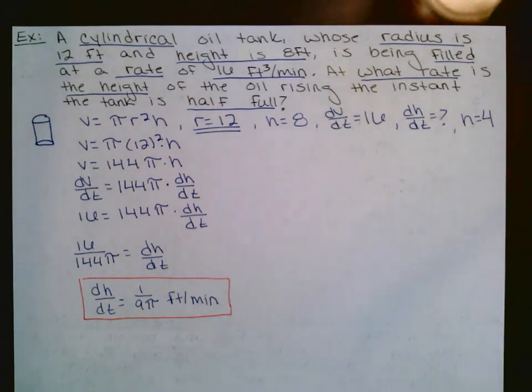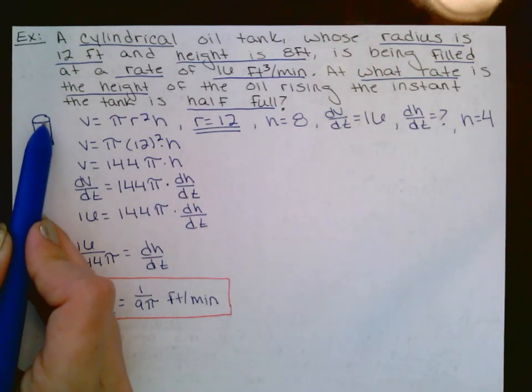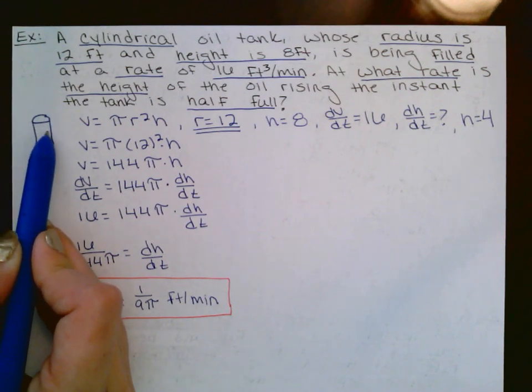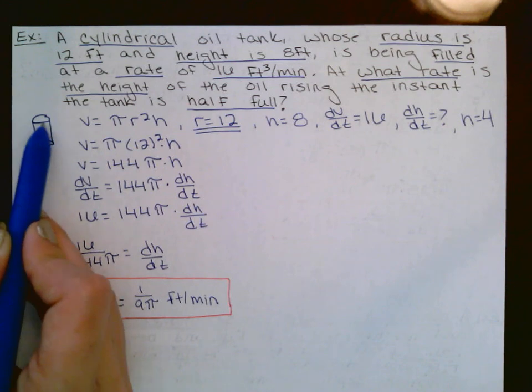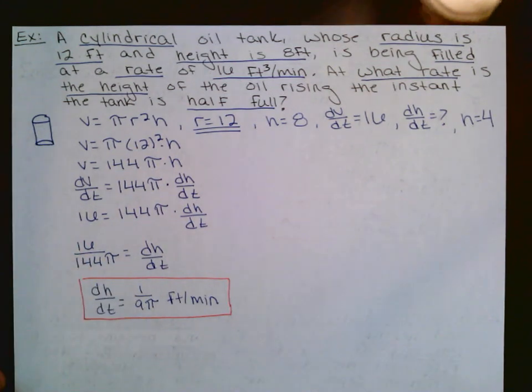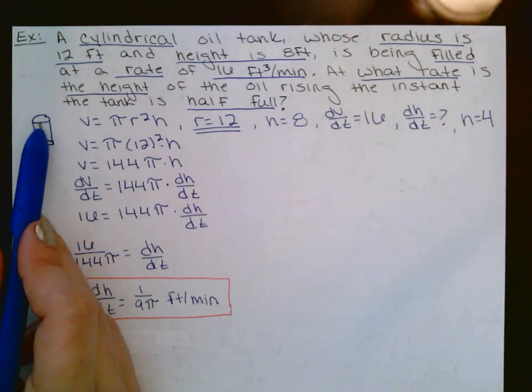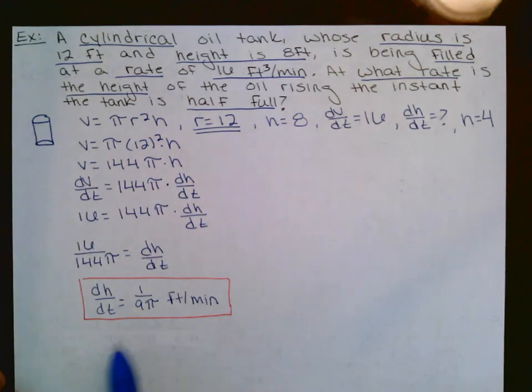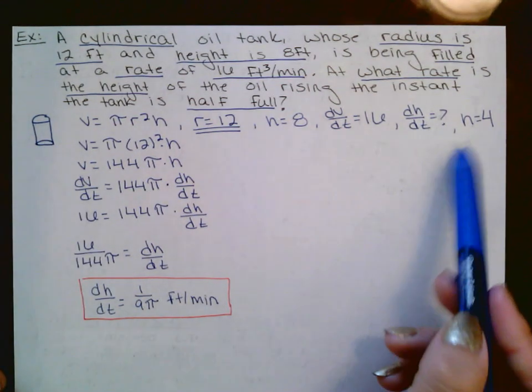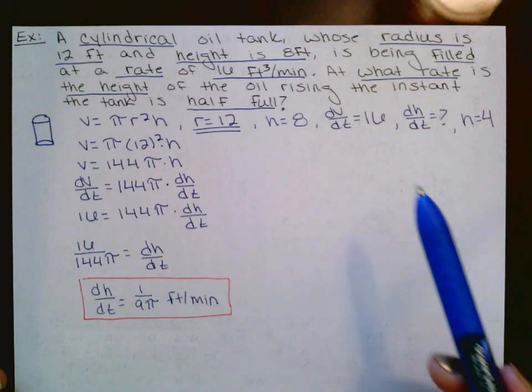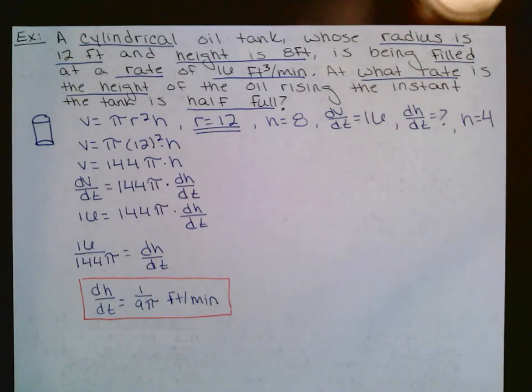The radius changes, the height changes. In a cylinder, whether I'm filling in or taking out, because this measurement never changes, it is the same amount that is leaving every single time, whether I'm up here, in the middle, or down here. That's why my rate of the height changing will always be the same amount, no matter what height it is. That's why it wasn't necessary to plug in a height, right?